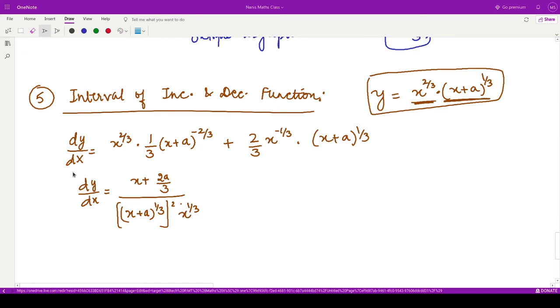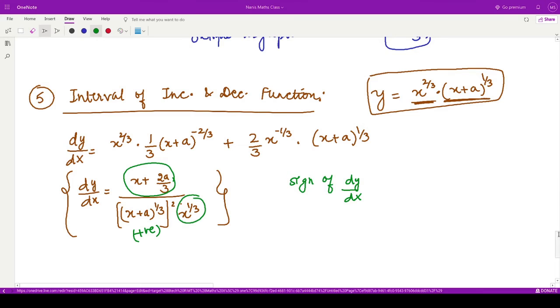So this is what we obtain after simplification. Now you see here, the sign for this term is always positive because this is the square of some term. Whatever is inside, it will be squared, so it would be positive. So the sign of dy by dx only depends upon the sign of these two terms.